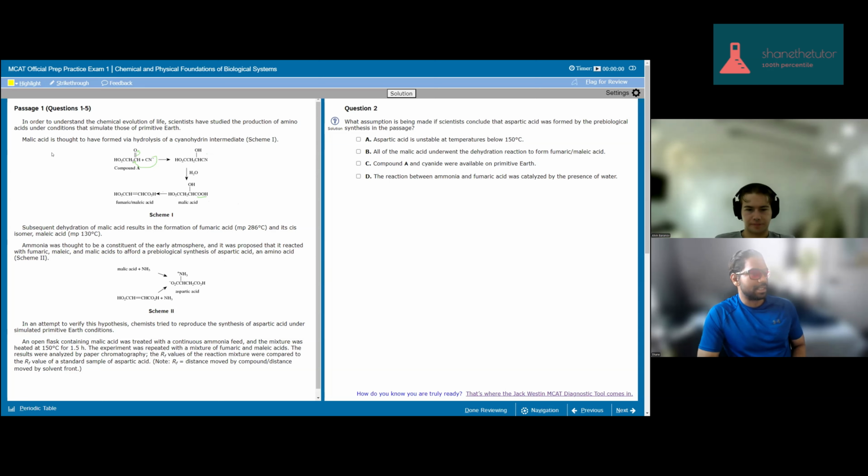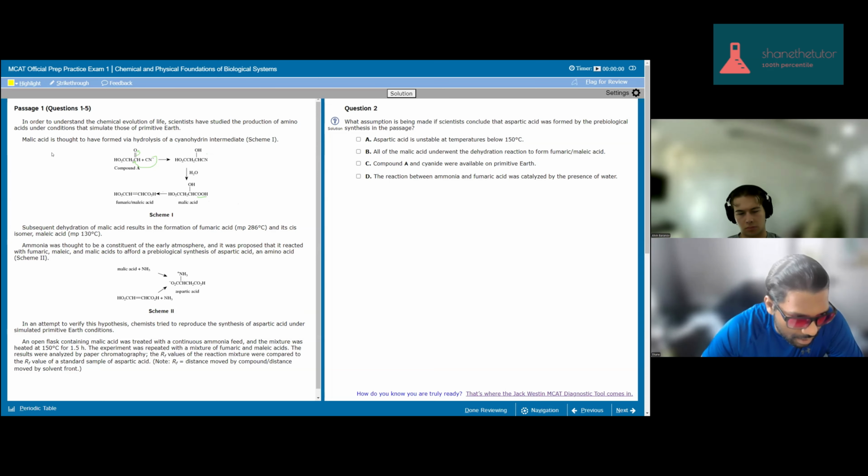So that first scheme was how an acid might have formed, and now to make an amino acid we would want to add nitrogen, and we can do that by adding ammonia. Malic acid plus ammonia gives you aspartic acid, and fumaric acid with ammonia also turns into aspartic acid.